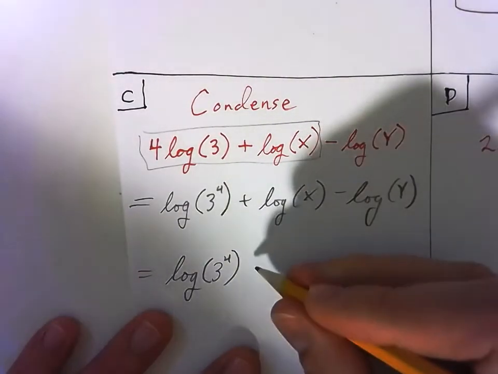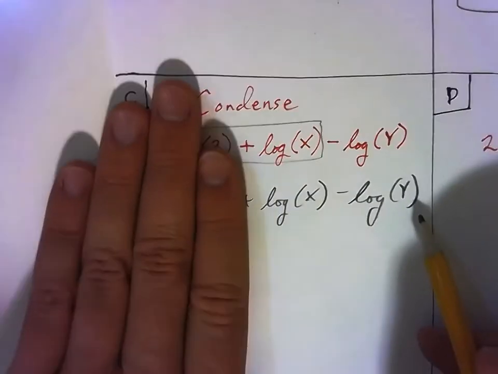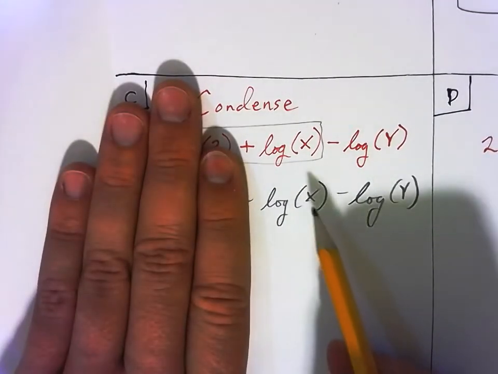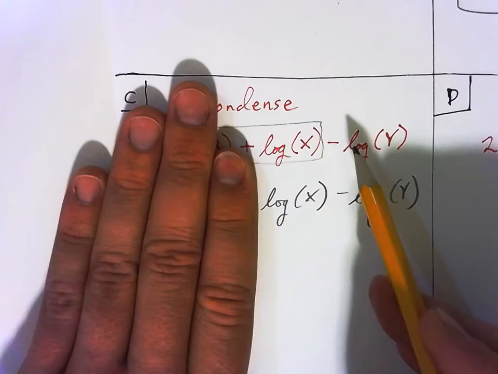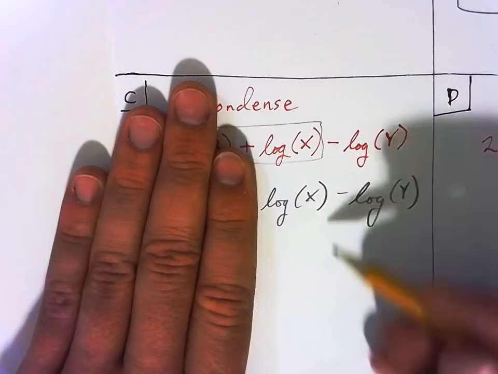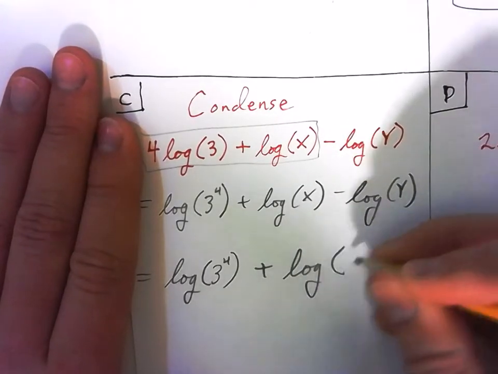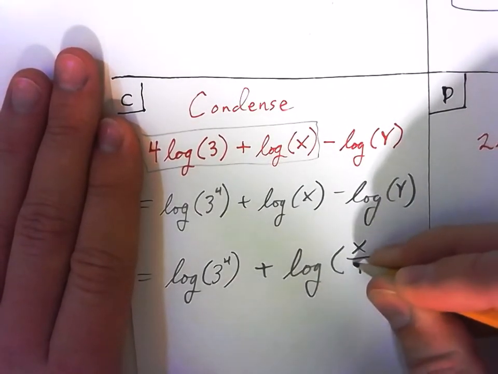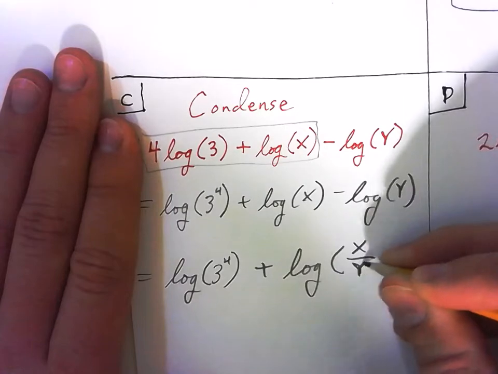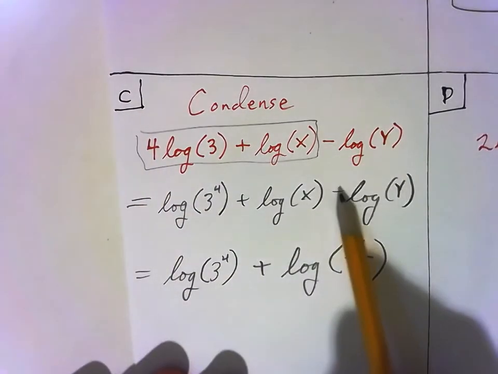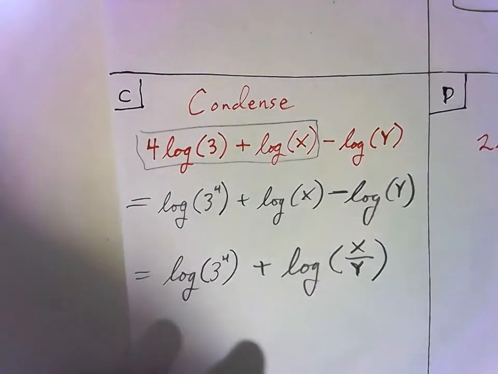You don't need to multiply it in your calculator or anything. So this part right here would be log of x over y. That's the quotient rule with the subtraction there.